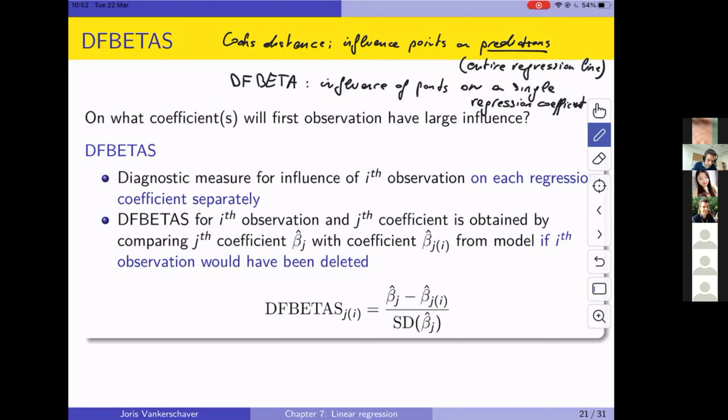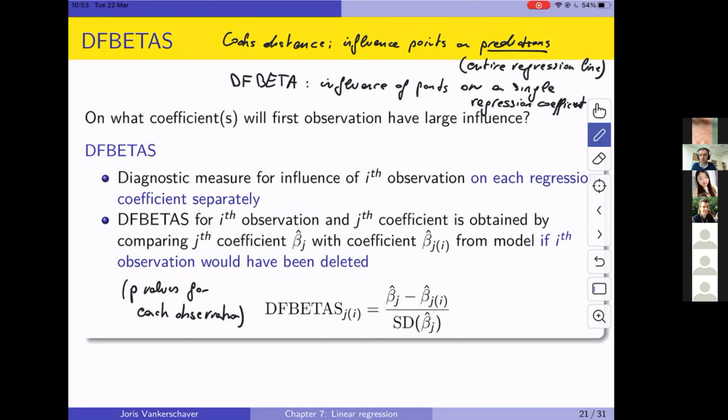So for each observation, we get a vector, one influence on the intercept, another influence on slope for parameter 1, slope for parameter 2, and so on.